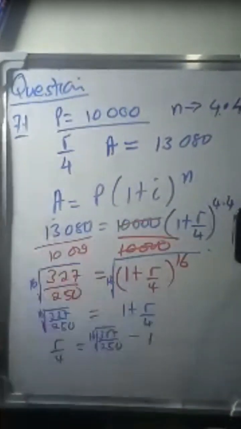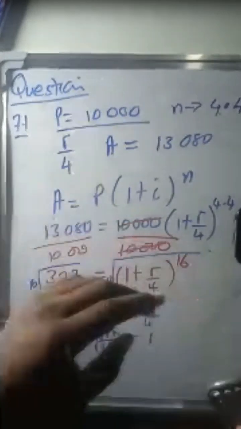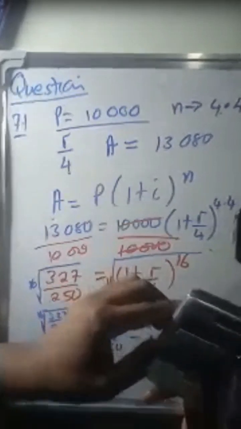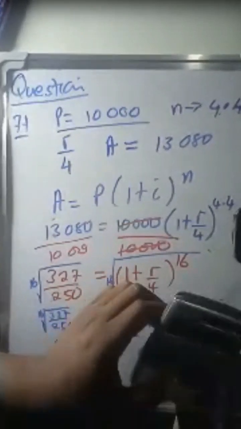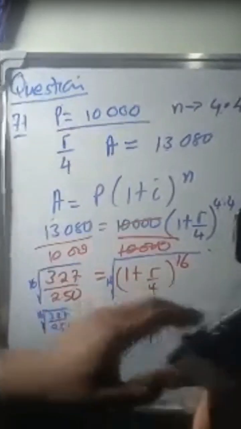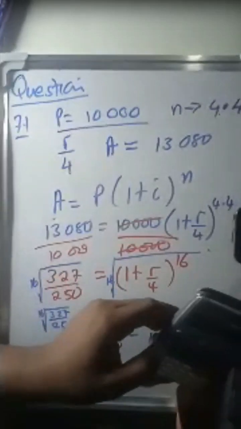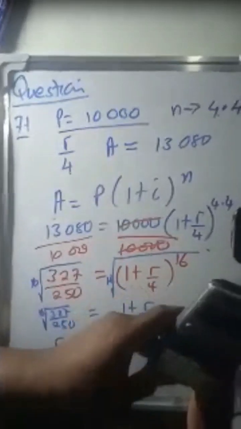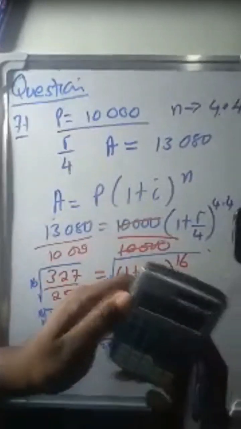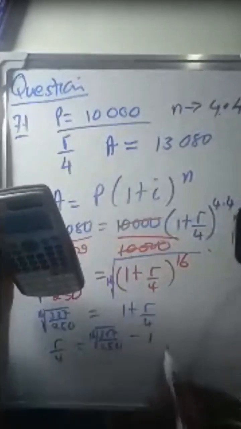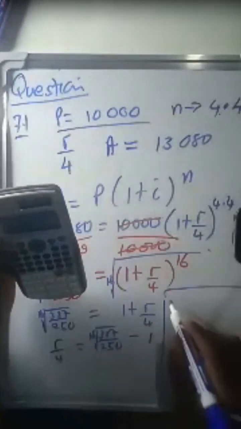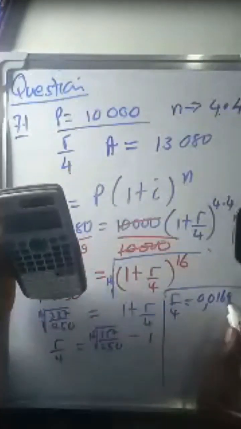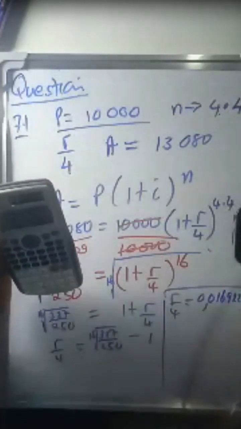Then you can punch in your calculator and see what it gives you. Use your calculators, guys. Shift the 16th root, then in the bracket 327 over 250, then minus 1. Now you get r over 4, which equals 0.0169222, going on like that.